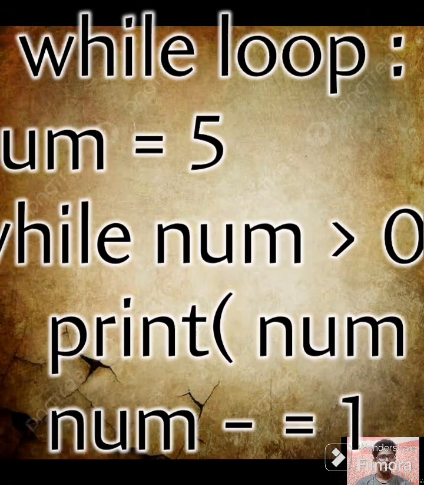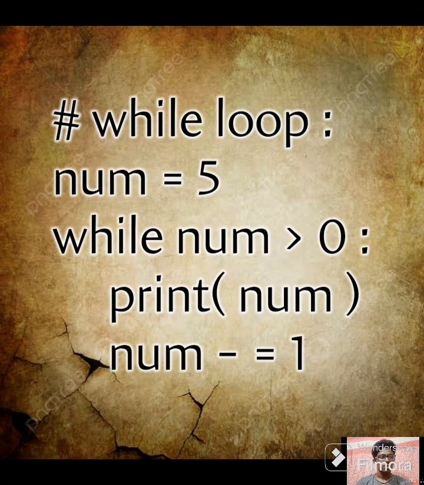And in while loop, num is equal to 5 will be assigned. While num is greater than 0, print num and num minus equal to 1. While condition is used where num is greater than 0, num is equal to 5, so it is a true statement.